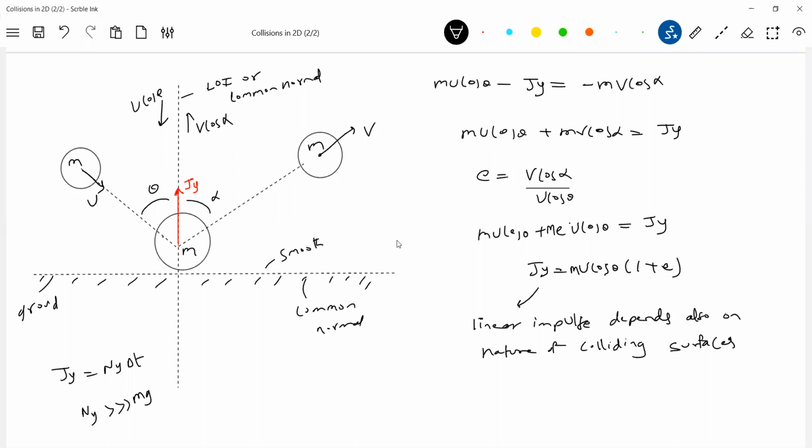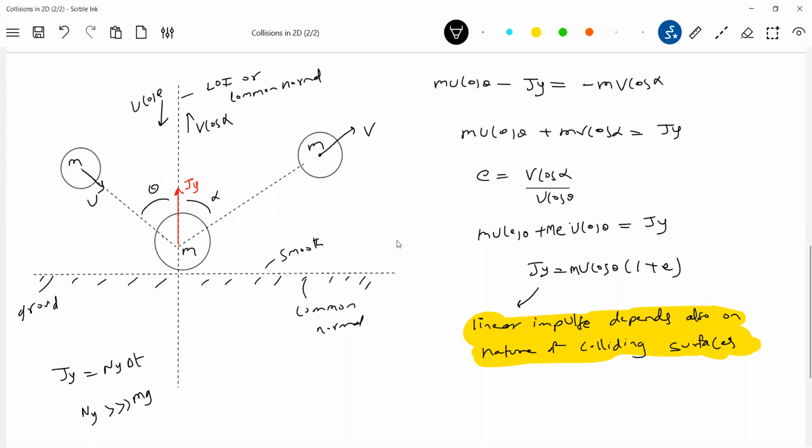Because I should not define it in the impulse momentum equation, only in the situation. So as a teacher, I think I should not define it in the definition. You'll never understand unless the situation comes. So such things can be asked of you in advance. These are hidden things, you have to be careful. Linear impulse depends also on the nature of colliding surfaces.